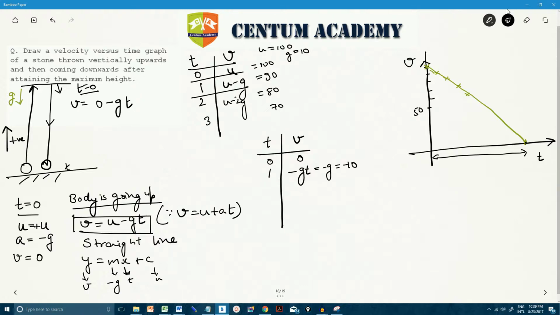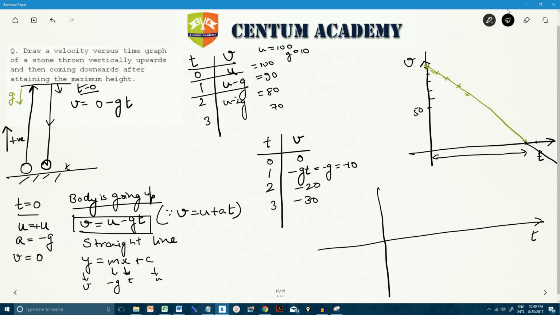So when t is 1 with respect to this origin, velocity minus 10 will be somewhere here. So this is going like that, and it will continue like that, isn't it? When t equals 2, it will be minus 20, t equals 3, it's minus 30. So eventually the final curve would be something like this, t, v. So this goes like that.